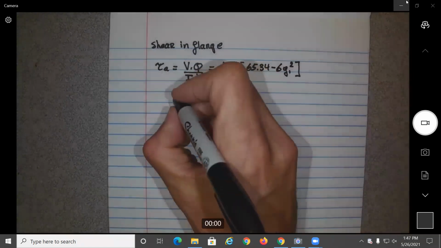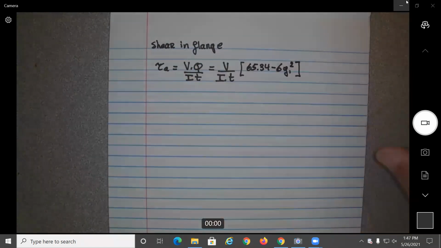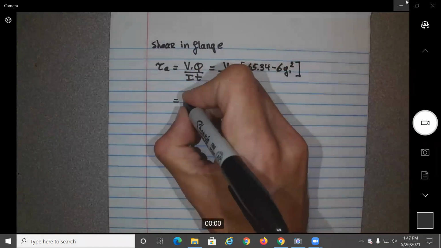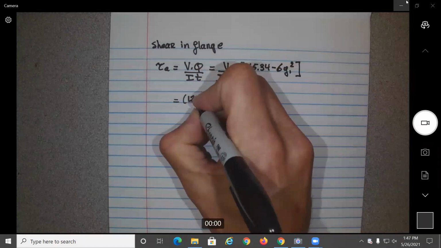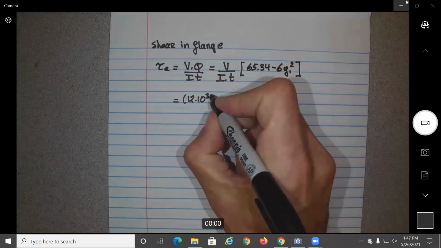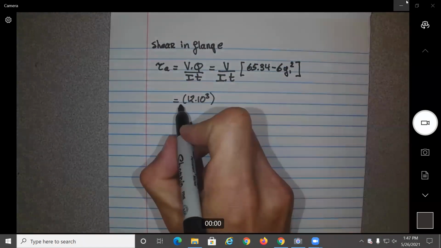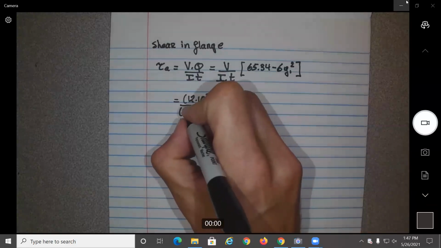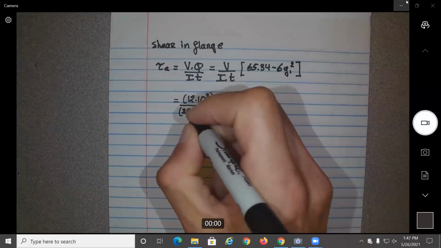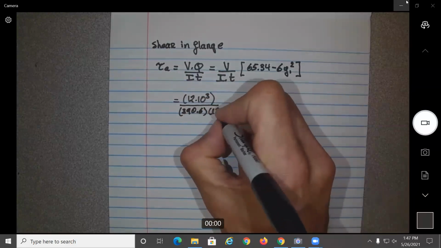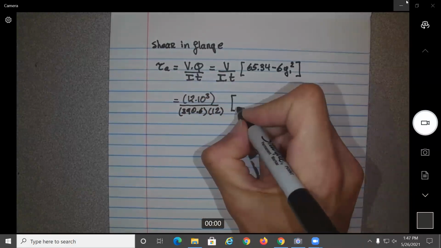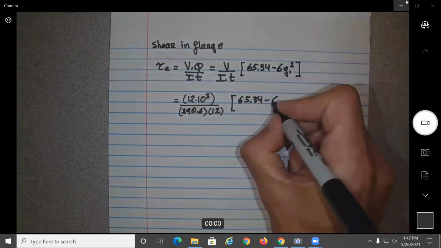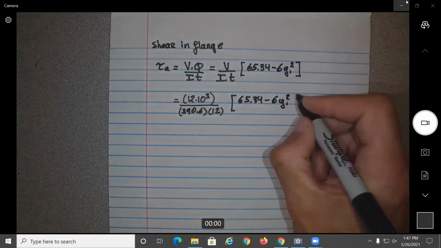So now let's not make a mistake. If we do the numerical application, this will give us what? 12 times 10 to the 3, divided by 390.6 times 12, times 65.34 minus 6 y sub 1 squared.